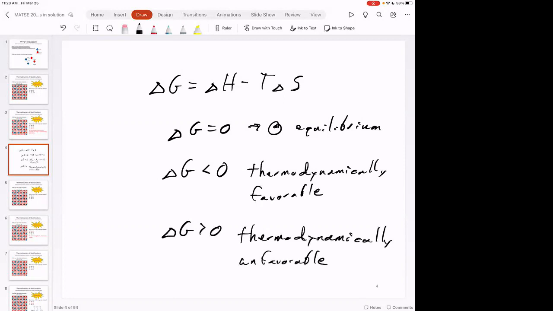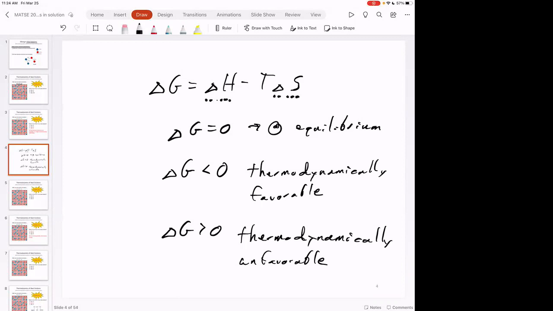And I like that nomenclature because what is the thing that we can change pretty easily to make a process favorable or unfavorable? How do we change the sign easily of delta G? Yes, change the temperature. That's right. Because delta H can be positive or negative, delta S can be positive or negative.